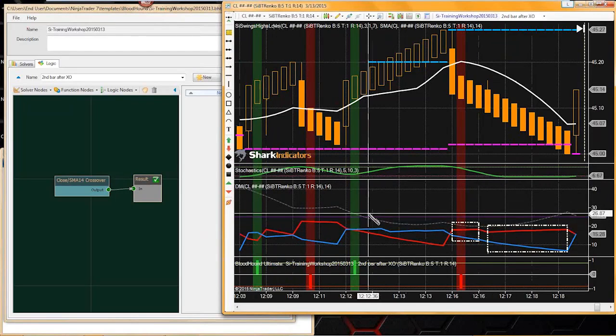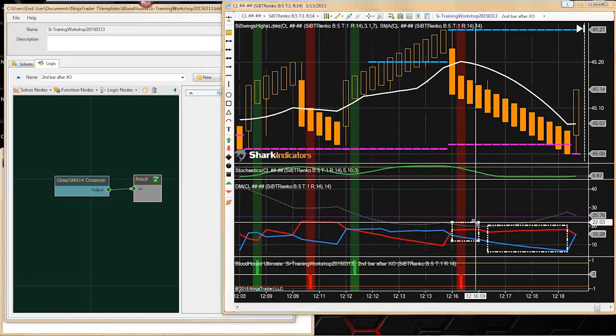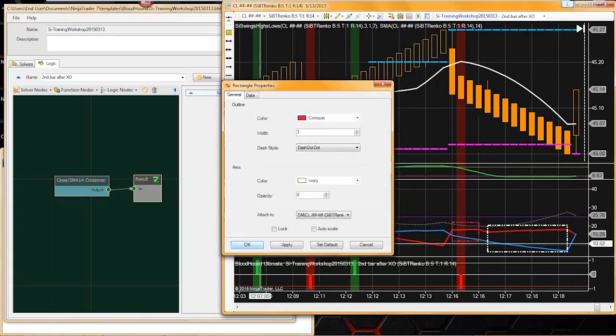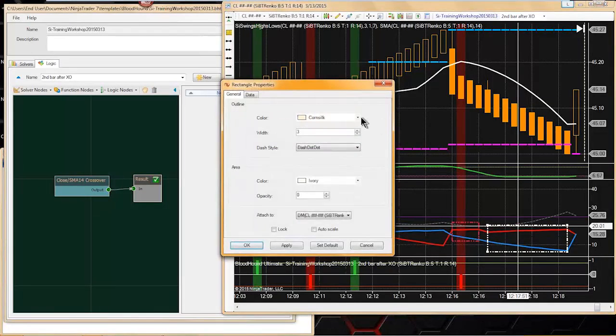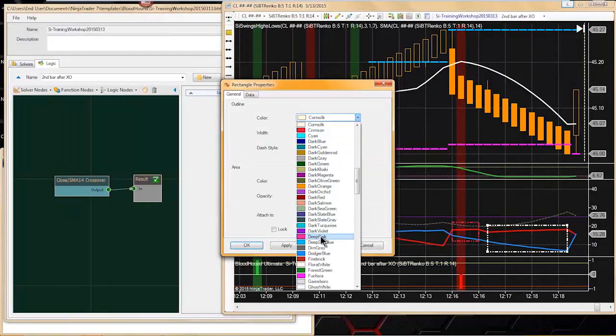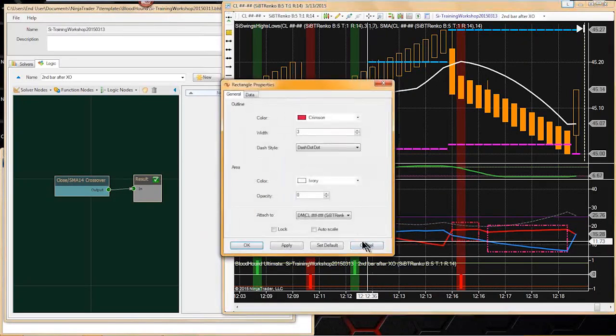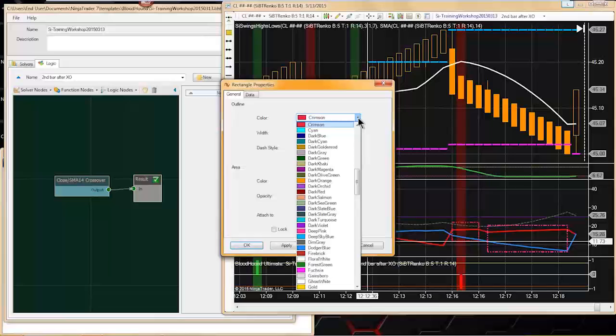So let's see if I can. There we go. As opposed to over here, where those DIs are diverging, but that's in more of a long situation.